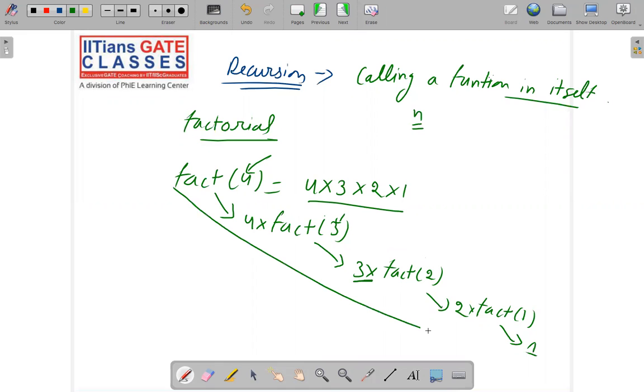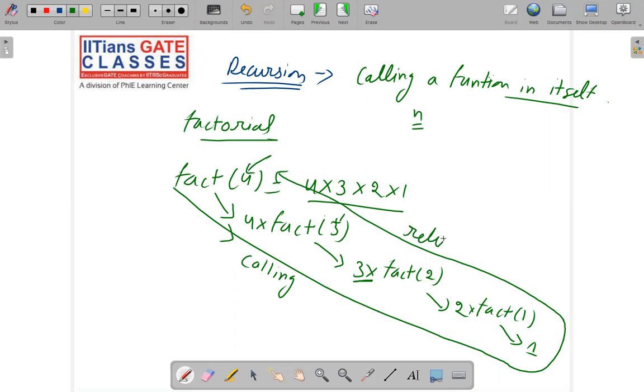So this function will be called and the factorial will be calculated once it goes back, once it returns. This arrow shows calling and this arrow shows returning. I'll be explaining how returning and calling happen later in this lecture.